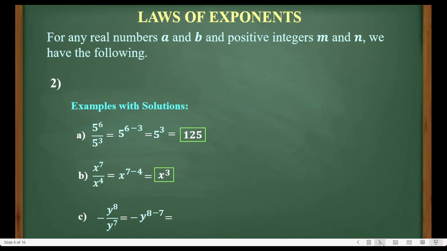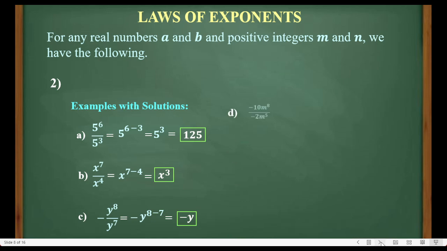So again, the answer is preceded by a negative, so this is y raised to the first. Because exponent 1 can no longer be written, the answer is simply y, or negative y, not necessarily y to the first. Okay, next.